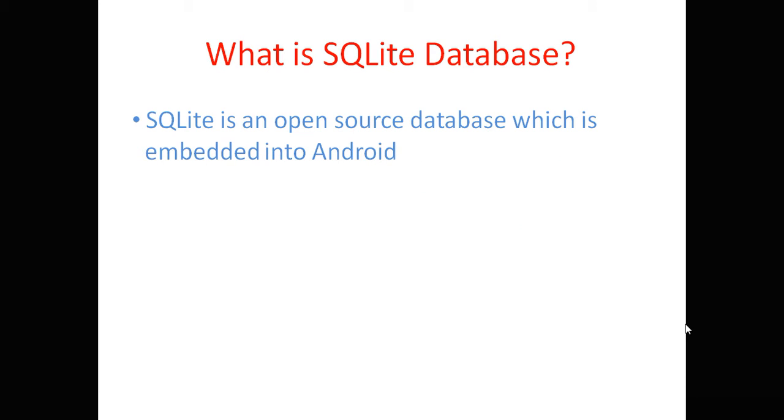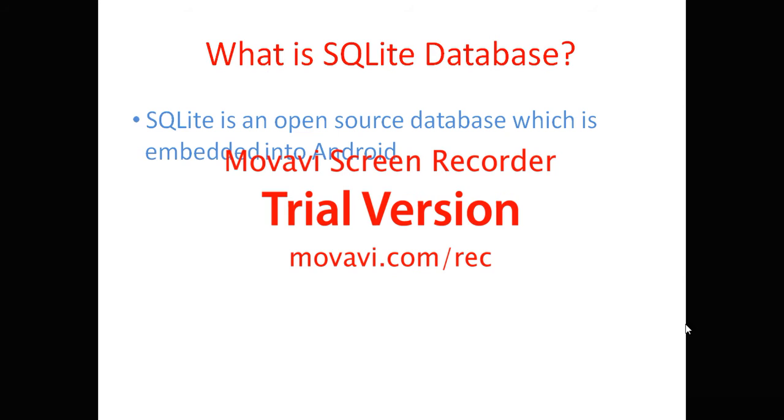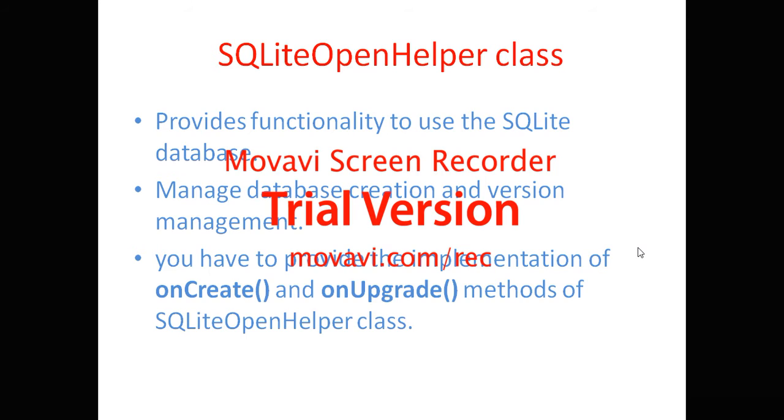It is a local database which is stored in our device, so it does not require any server for its functionality. SQLite generally supports three data types: text, integer and real. Now, what is SQLite Open Helper class?